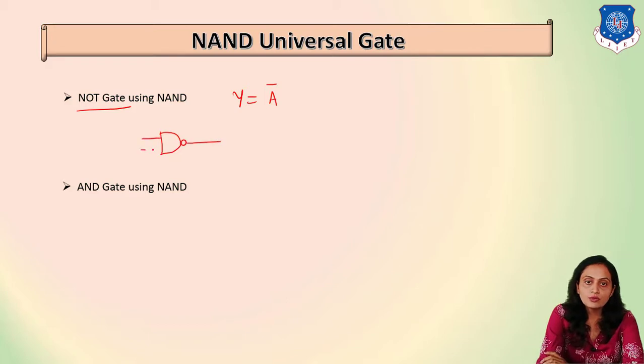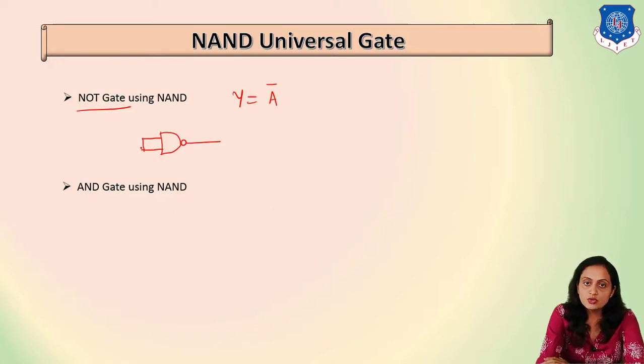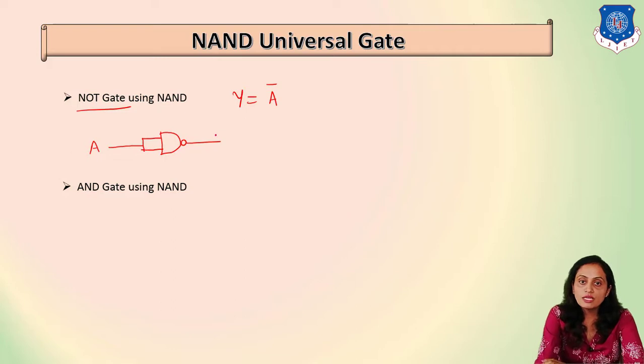We have a two input NAND gate. In the NOT operation I have just one input, so I join these two inputs and apply A to both of them. Then what will be the output?